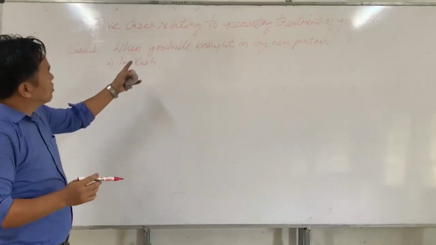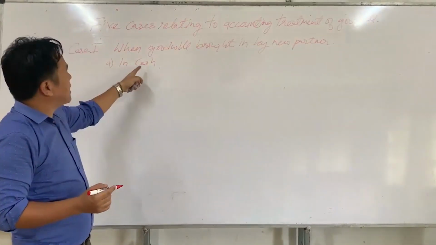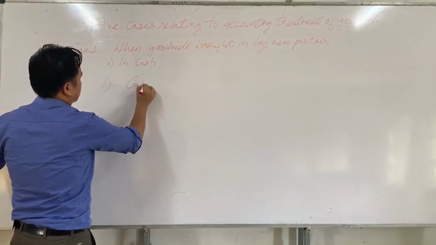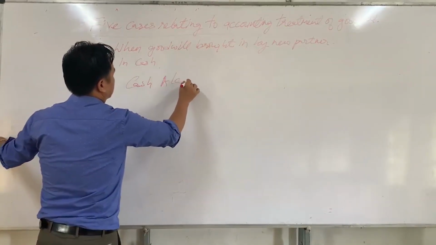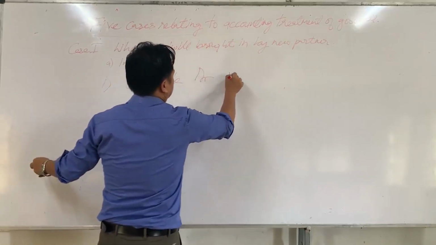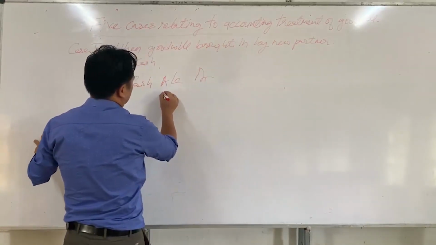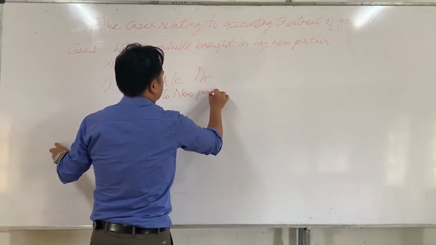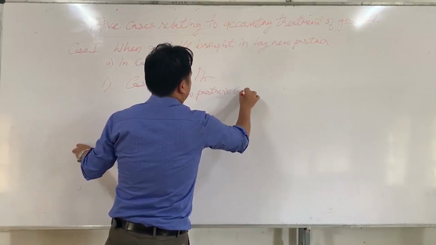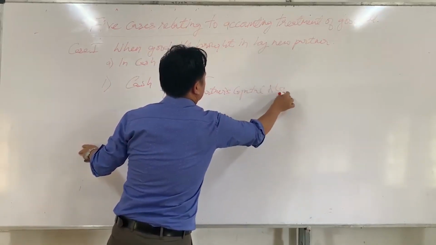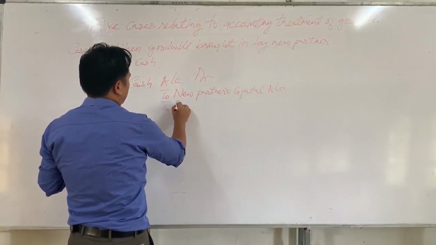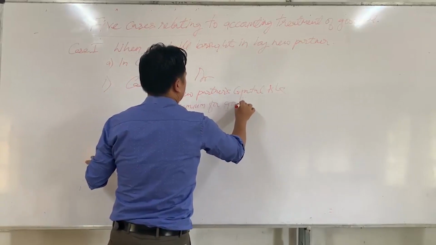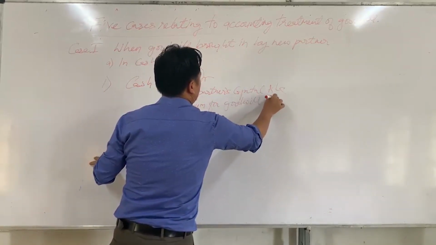If goodwill is brought in by a new partner in cash, then the journal entry will be: cash account Dr to new partner's capital account, to premium for goodwill account.